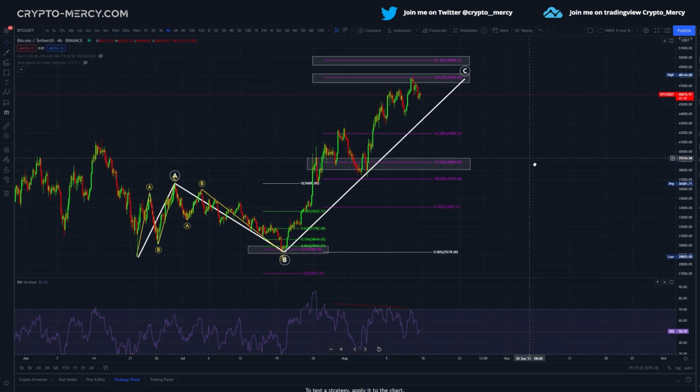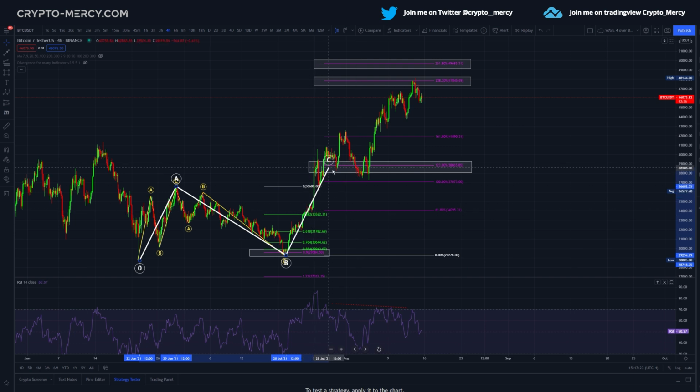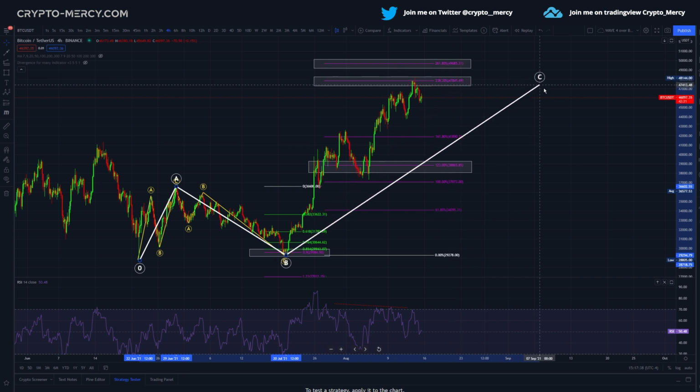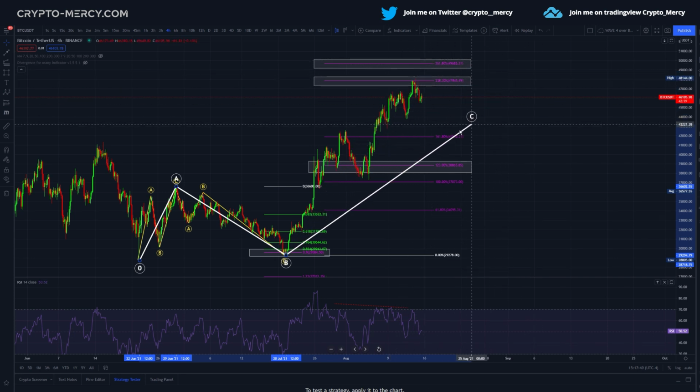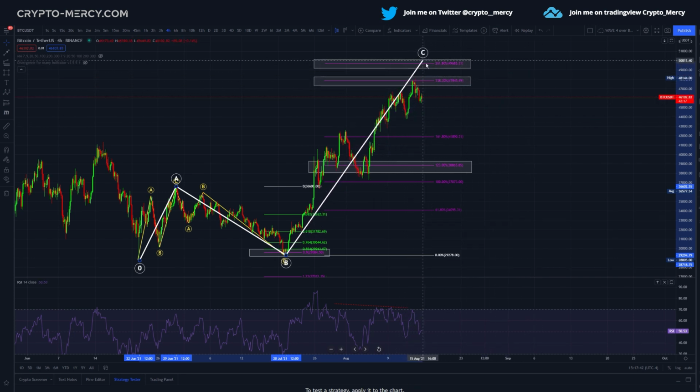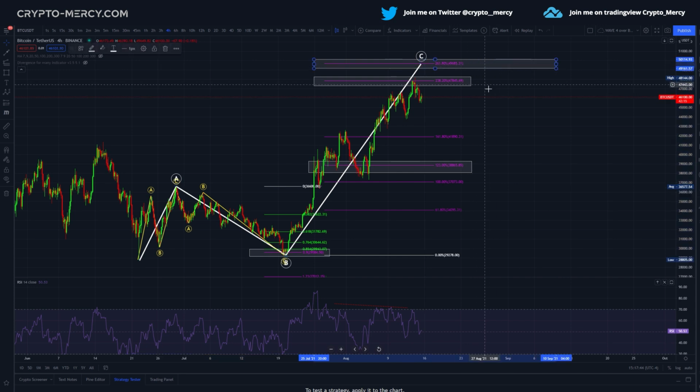But what happened is that we broke that highest possible target for a regular flat, and we reached the 161.8 at 41,890, and we broke that again, and now the only possible targets for a C wave that are still available are the elongated C wave targets.